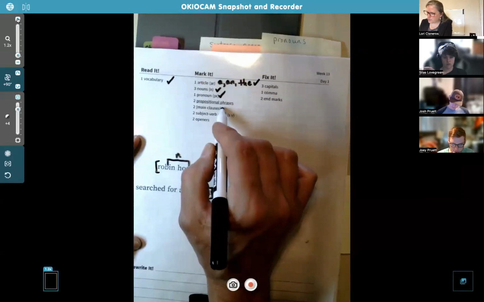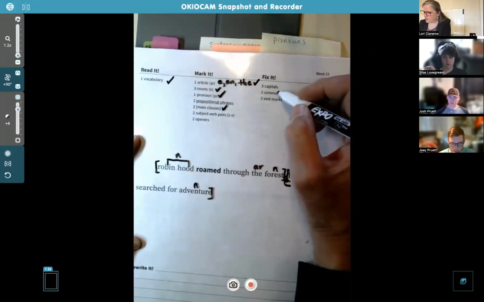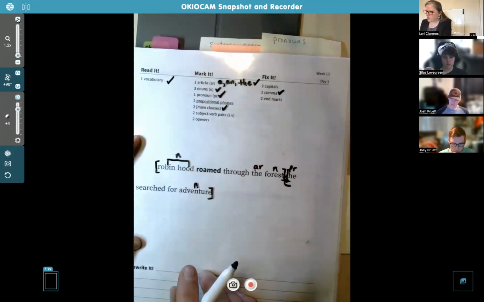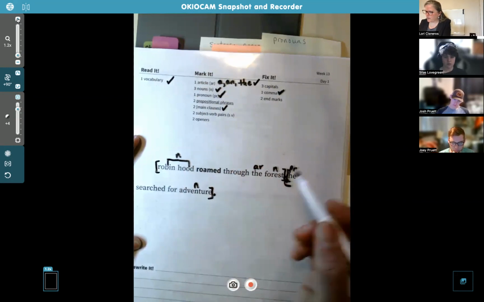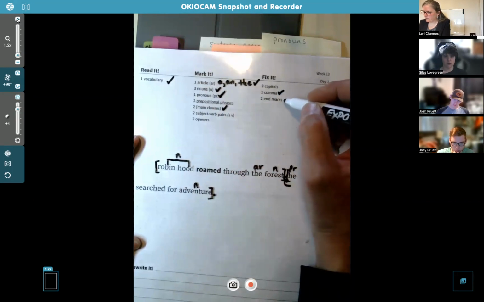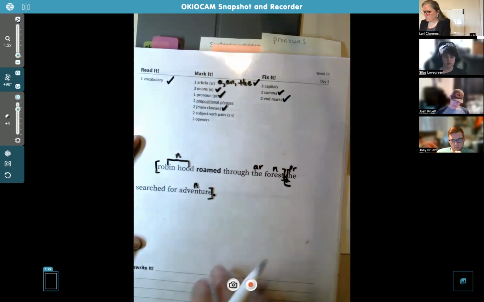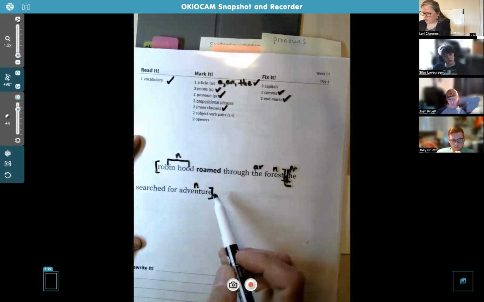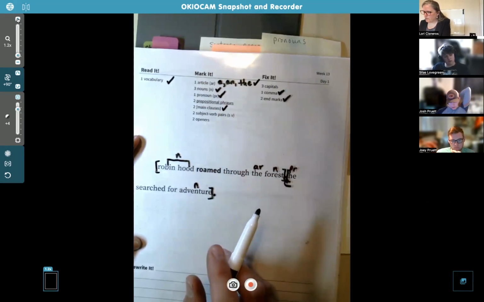Now we can check off main clauses, and we can also check off the comma. And end marks. We can add a period here. You have one, you change the comma to a period, so that counts as one as well. Correct. Okay, thank you. Okay, and then I'm adding the second period here. So yeah, we can check off 2 end marks.